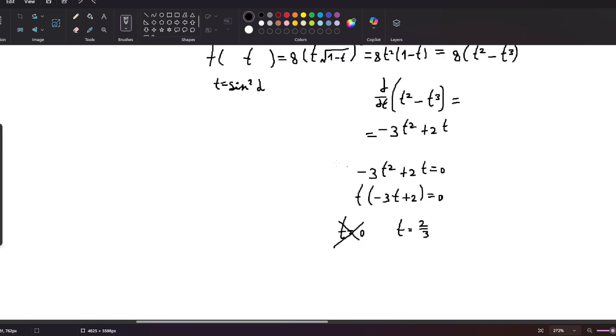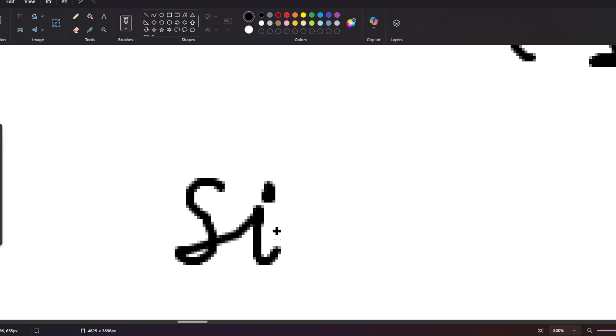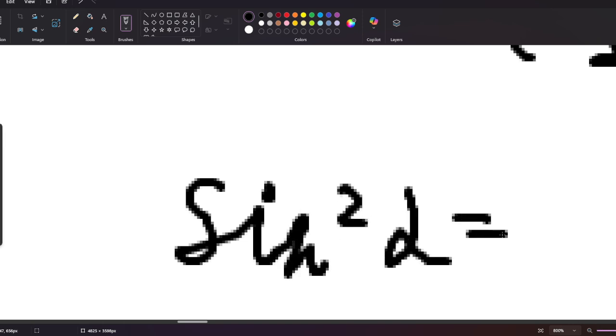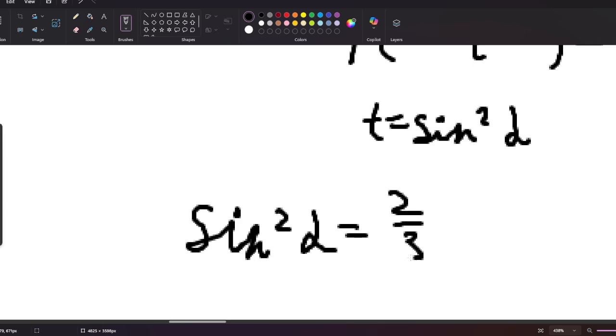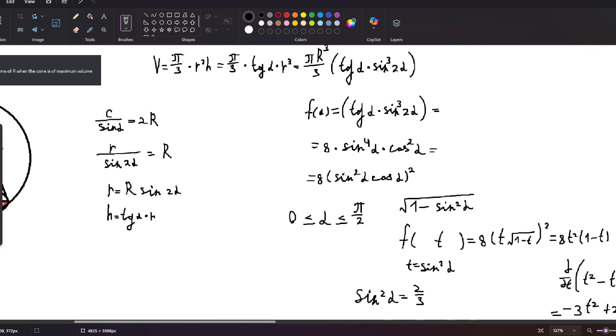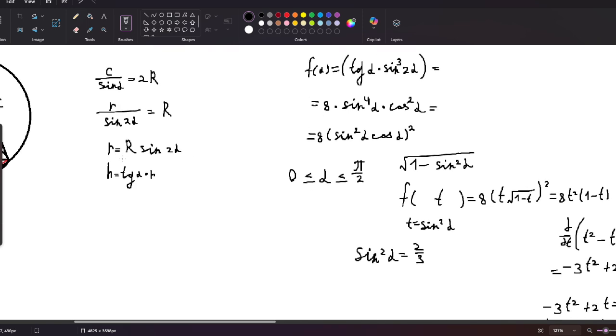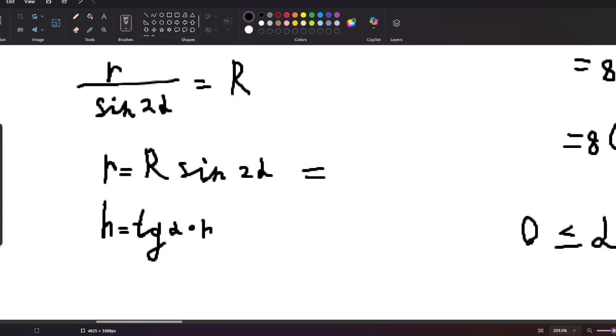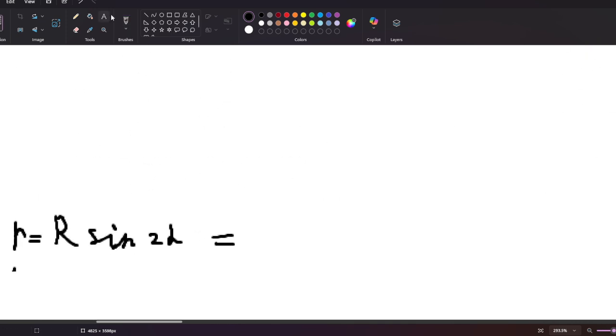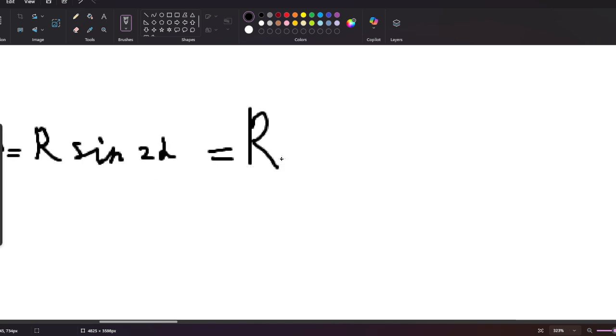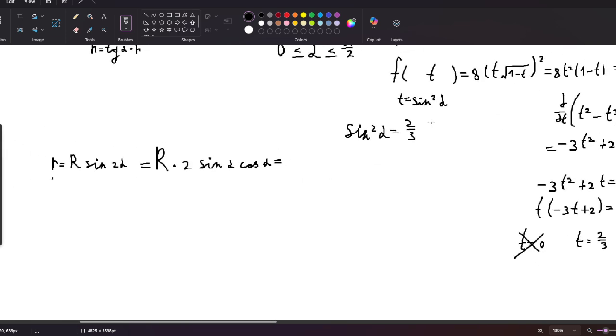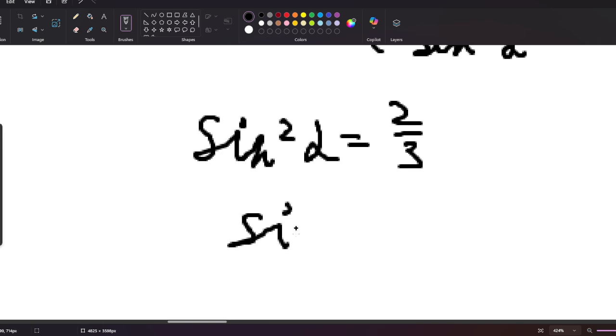So let's apply it. We know that sine squared of alpha is going to be equal to 2 over 3. And the original formula, let's rewrite it as R capital times 2 sine alpha times cosine alpha. So sine alpha here is going to be square root of 6 over 3.